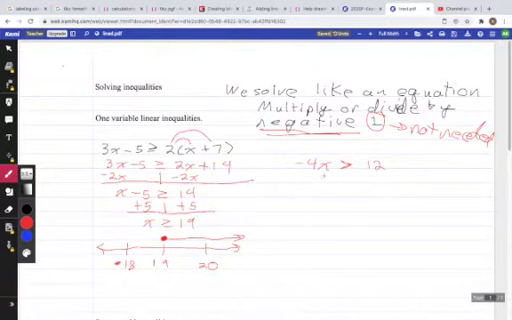Here we have to divide by a negative. So when we divide by our negative, what happens is twofold. First off, we have the opposite sign of what we started off with on both sides. On the left-hand side, we started with a negative, now we have a positive. On the right-hand side, we had a positive, now we have a negative.